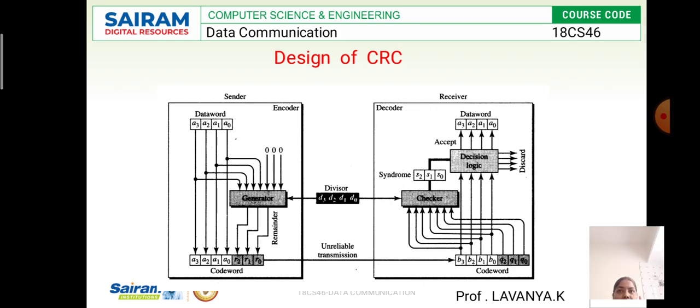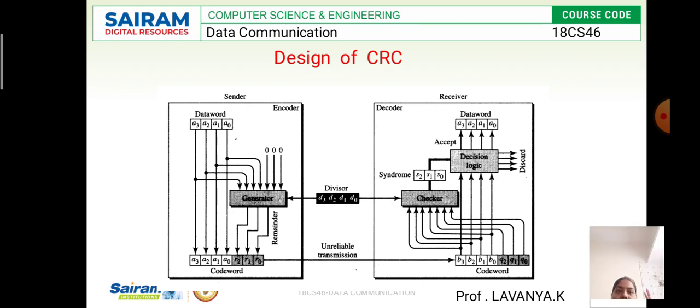The predefined generator divides the augmented data word by the divisor using modulo 2 division. The quotient of the division is discarded. The remainder, R2, R1, R0, is appended to the data word to create the code word.